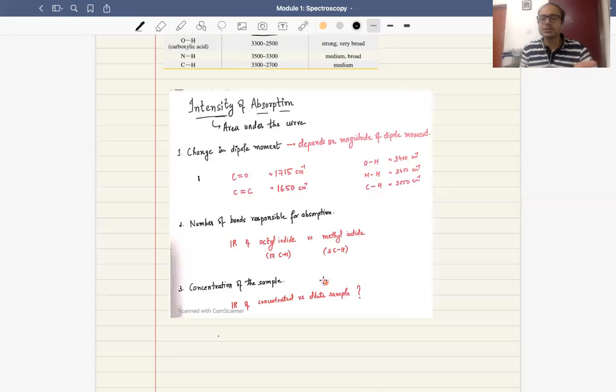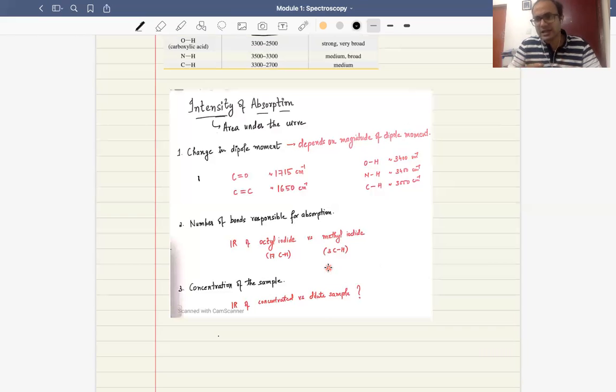Often organic chemists, since they are only interested in the functional groups, will just give a small amount of compound, because they are not worried about the fingerprint region. They are worried just about the functional group region where the functional peaks come. Even if the peaks have medium intensity, you can easily find them.